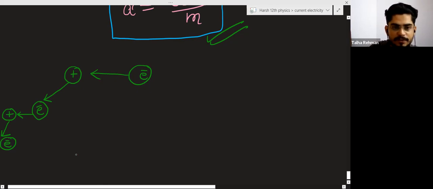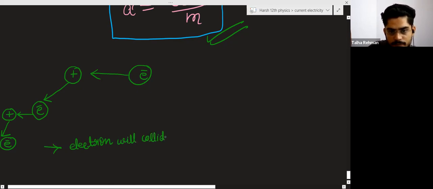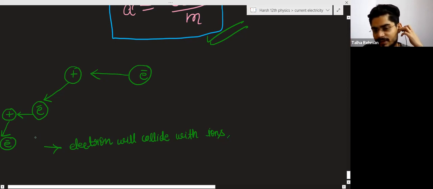So I am just writing here, the electron will collide with ions. The time taken between collisions I am representing as the relaxation time.